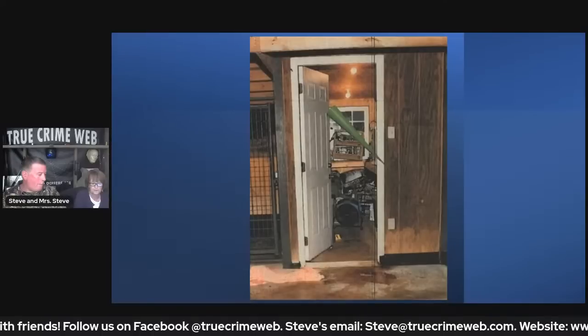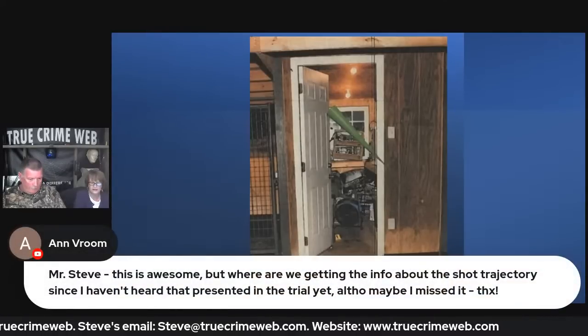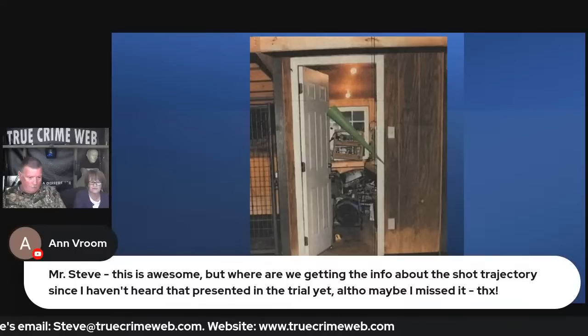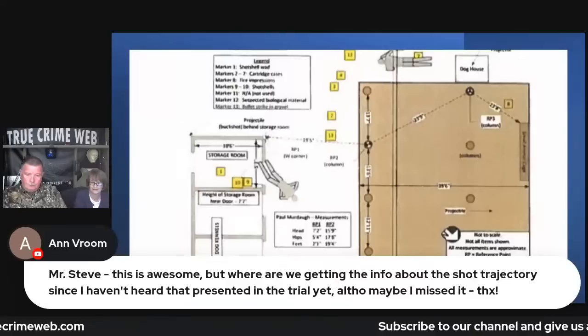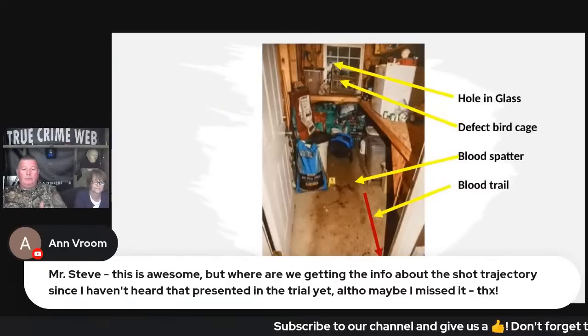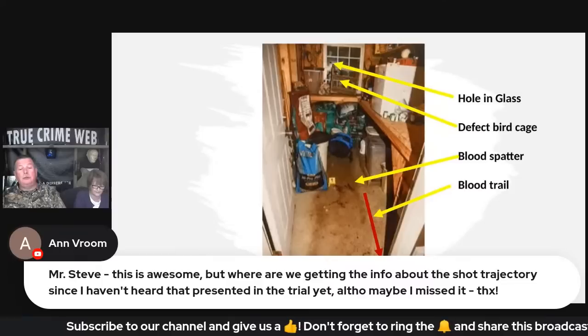Okay. And Mr. Steve, this is awesome, but where are we getting the info about the shot trajectory, since I haven't heard that presented in the trial yet, although maybe I missed it? Thanks. I went looking at the scene, seeing where the blood trail starts.